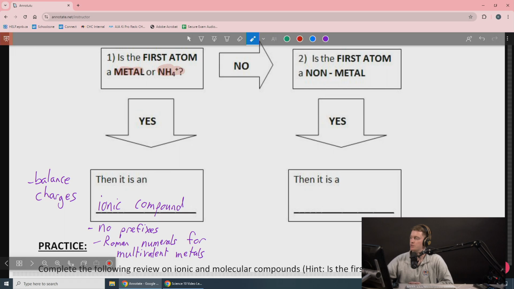If your answer to the first question was no, and that means that the first atom must be a nonmetal, then it's a molecular compound.